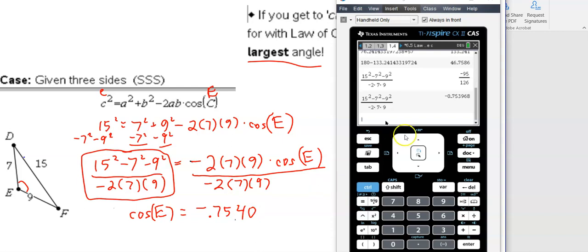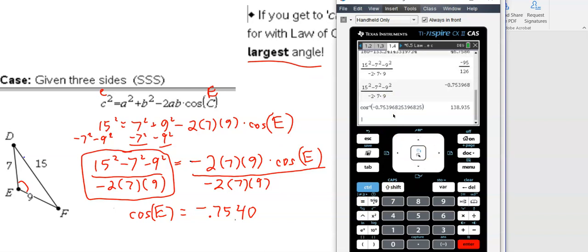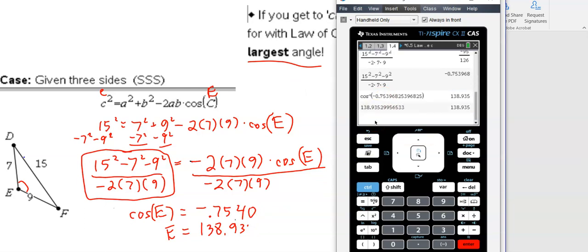Okay, so now we're going to take the inverse cosine of that to solve. Inverse cosine of that number, and you get E is equal to 138.935. Let's just check that. 0.9353.